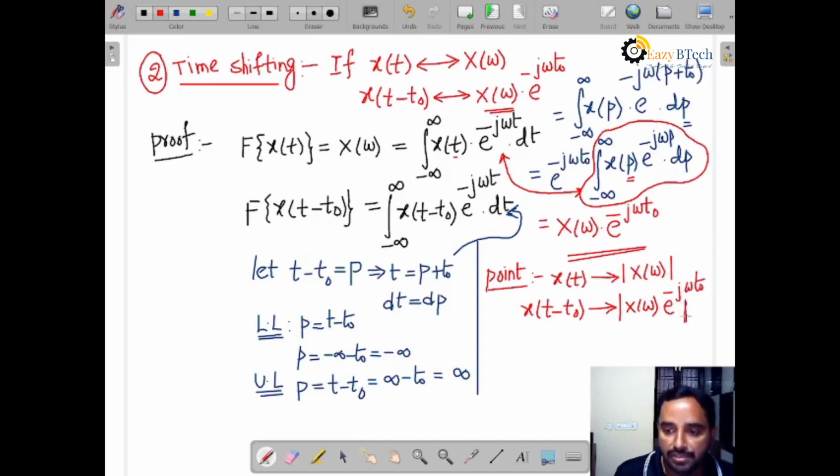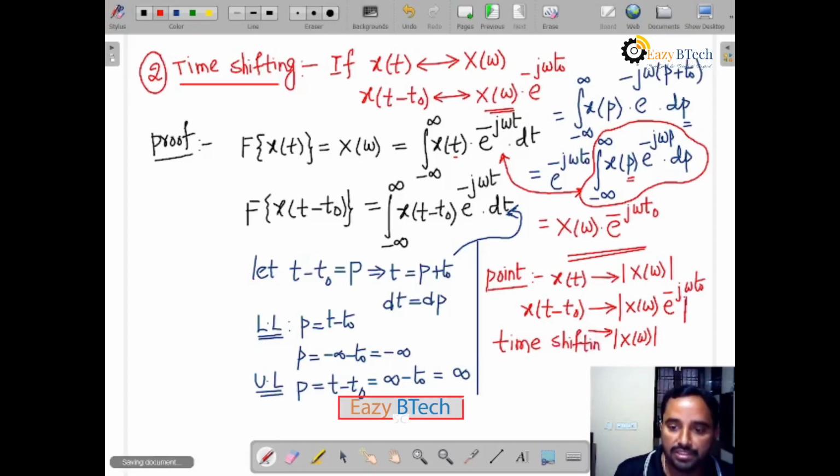So the magnitude of e power minus j omega t naught, cos theta minus j sin theta, will become 1. So finally we get the same X of omega. So time shifting will not change the magnitude spectrum of this signal, right or not? The time shifting will not alter the magnitude spectrum of the signal.